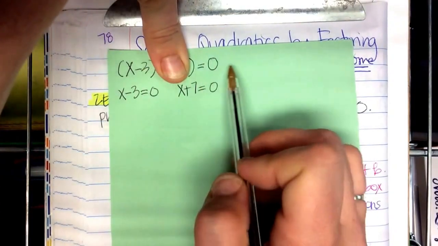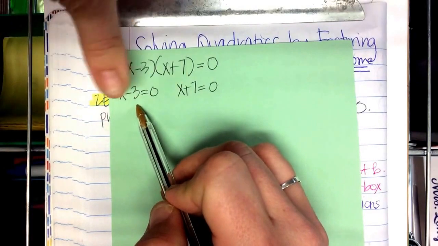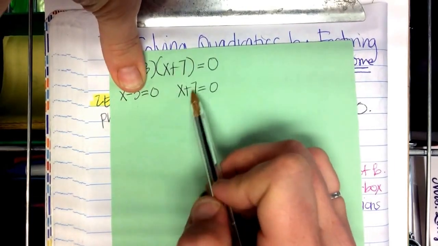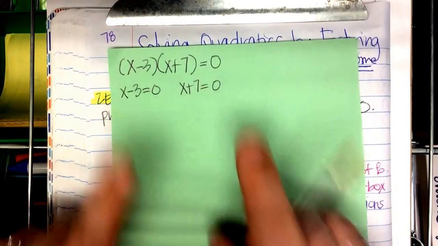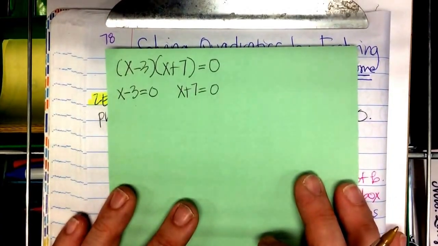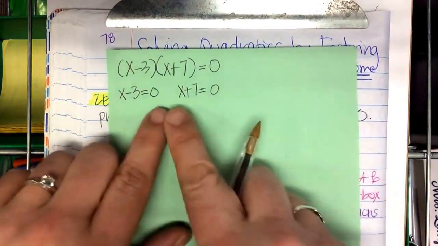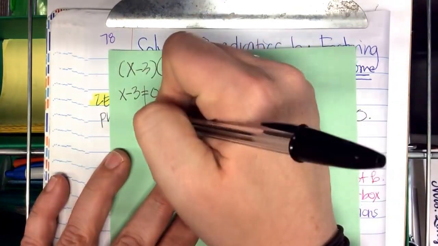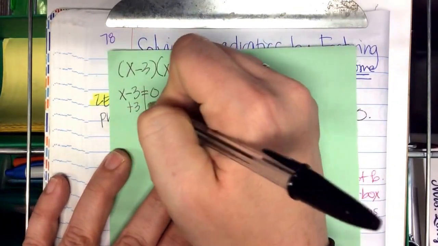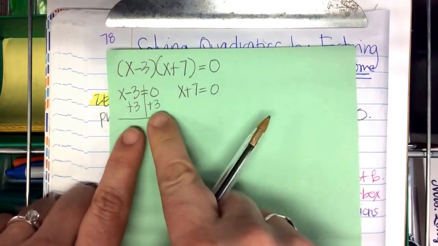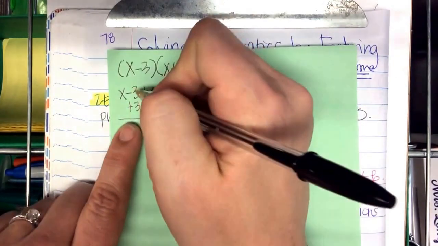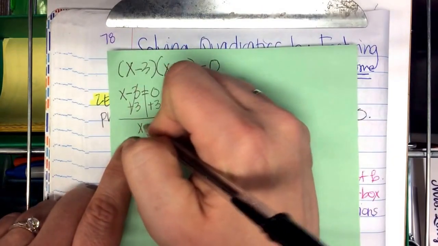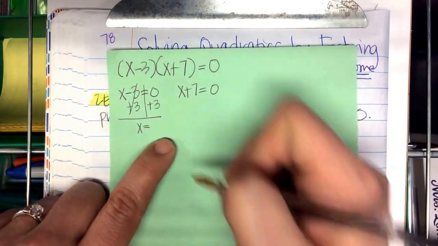X minus 3 equals 0 and x plus 7 equals 0. I take my 2 factors and I split them apart. Split it into 2 problems and solve. Hopefully you don't need to show this part of adding 3 to both sides, it canceling out, x equals 3.